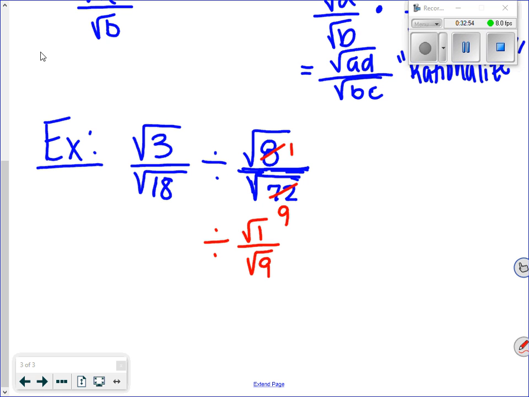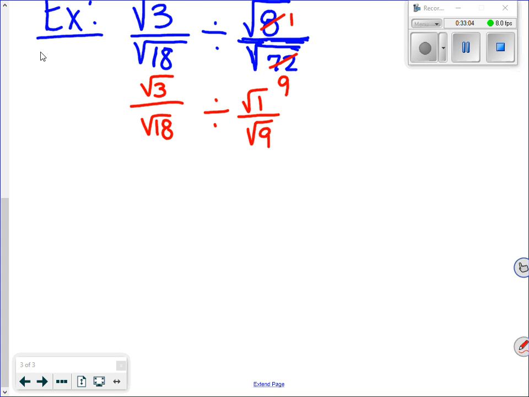Do you want to go ahead and simplify that a little bit first? So I'm just rewriting that. So how would this simplify? 1 over 3, right? The square root of 1 is just 1, and the square root of 9 is just 3.